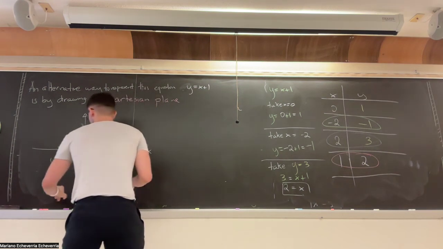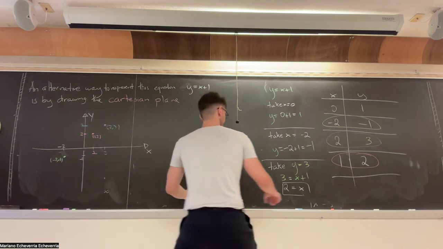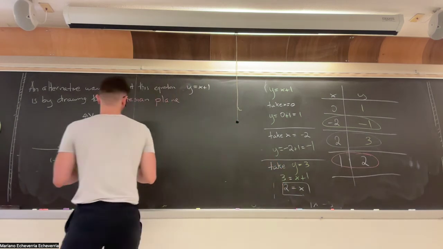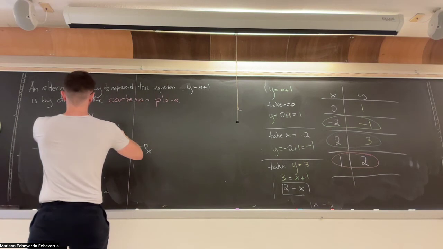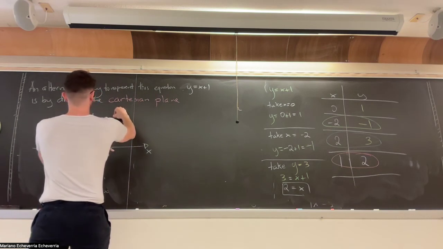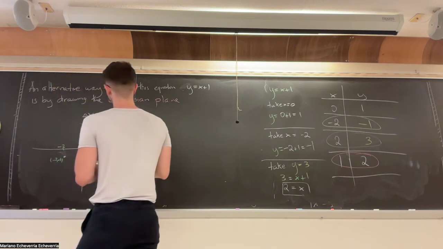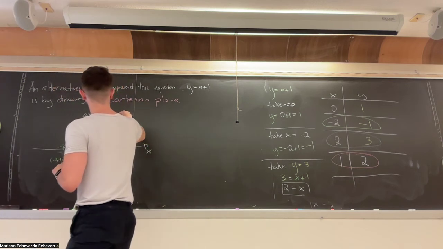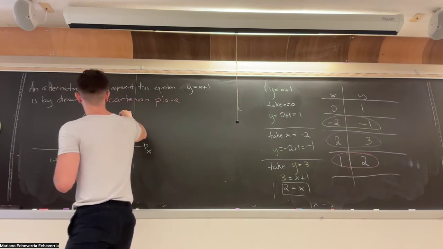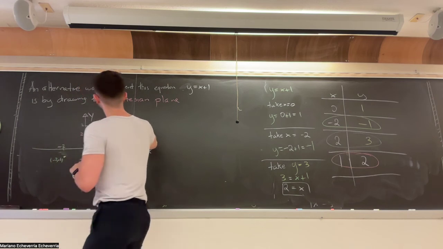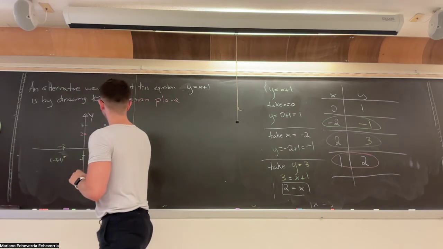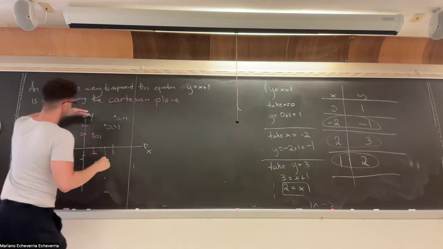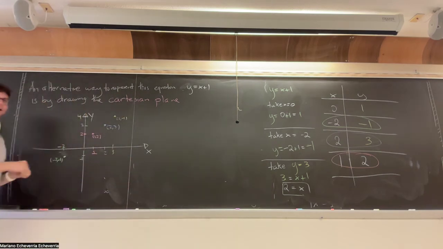So for example, if I wrote something like this, here, this would be (3, 4). (3, 4) means that the x value was 3, so you go down to the x value, and the 4 means that the y value would be 4.